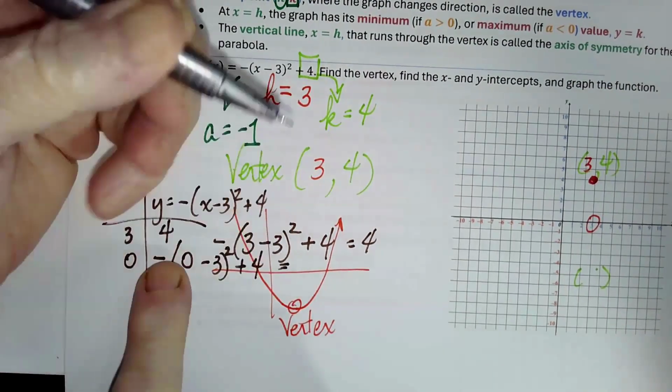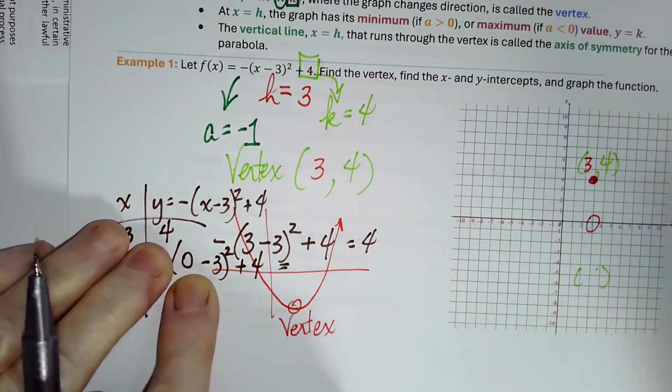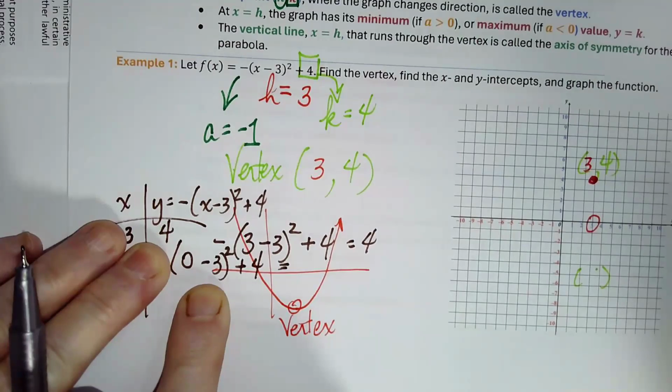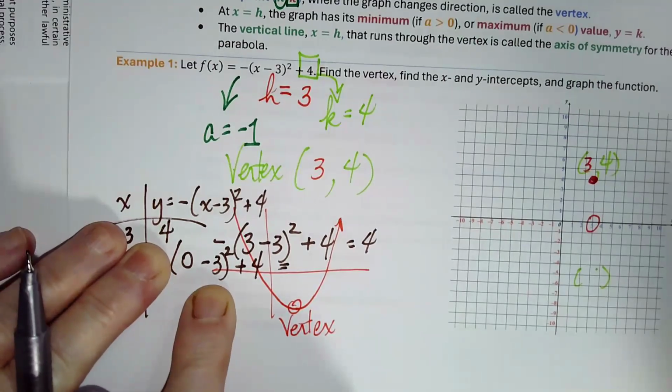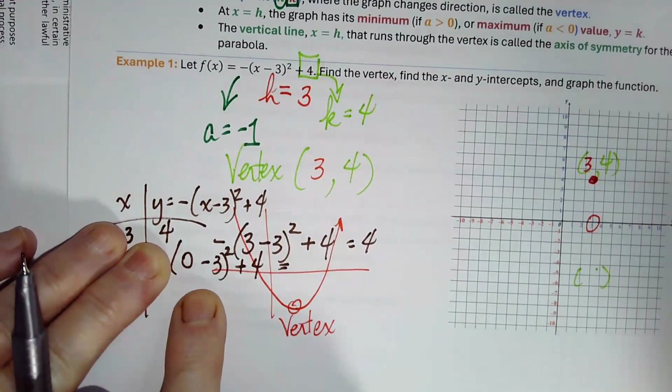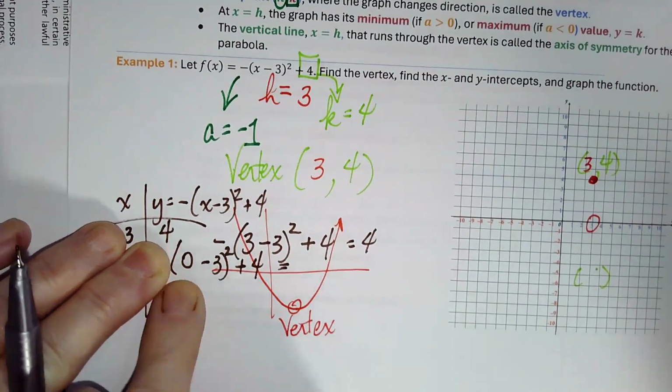Let's work from the inside out. 0 minus 3 is negative 3.